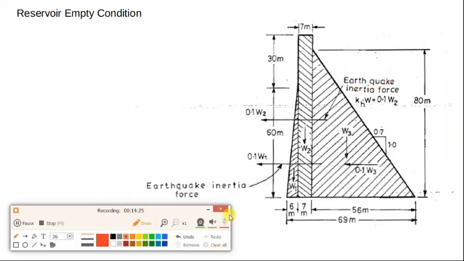Now I want to tell you how to calculate the lever arm for horizontal forces. Remember, we have to calculate the lever arm from the toe.